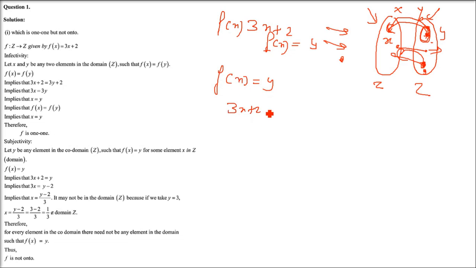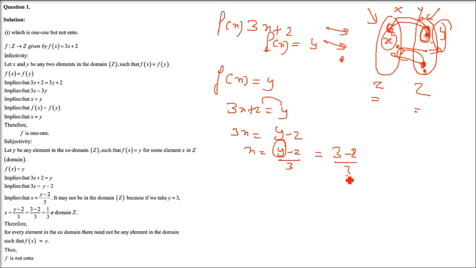So f(x) equals y; let us check this. 3x plus 2 equals y. Let us try to find x, because for every y we need to have an x. So x is (y minus 2) by 3. We have defined the set as integers to integers. Now let us put y as 3. What do you get? 1 by 3.